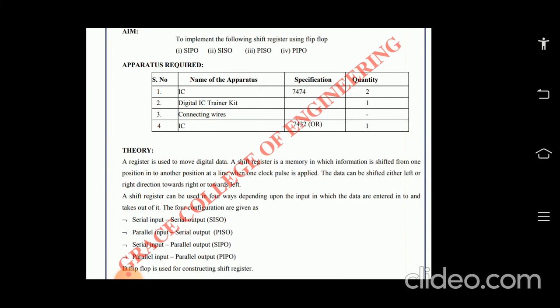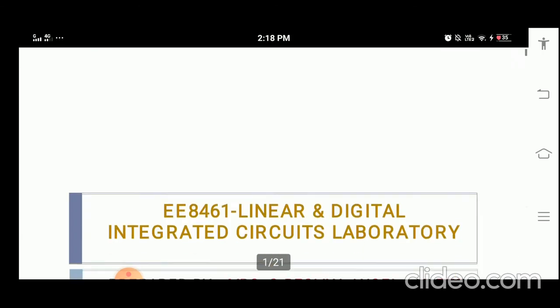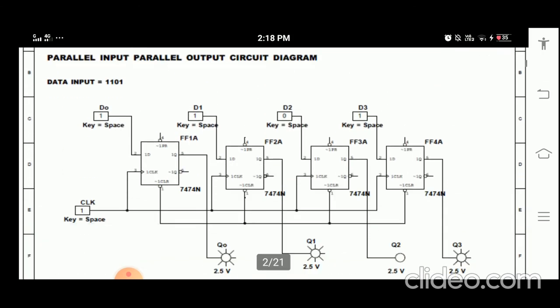Here I implemented that circuit diagram in the Multisim software, and I'm getting the output like this. I constructed our parallel in, parallel out circuit diagram, and for the input 1101, we get the output like this.